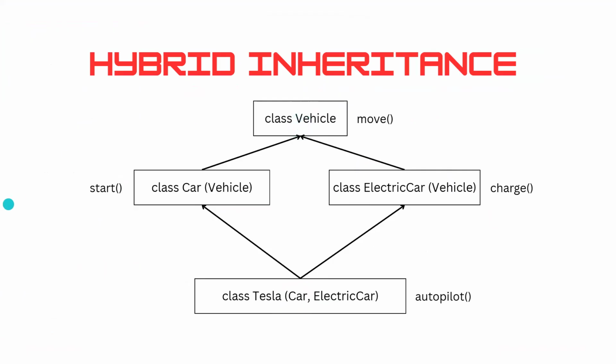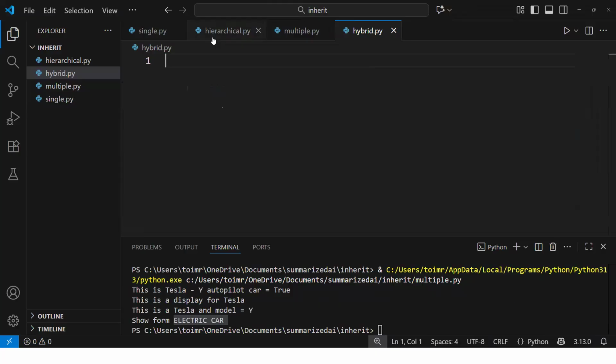Now let's see the implementation of hybrid. Let's go back to our Visual Studio. I have already created a file hybrid.py. Okay, so let's go ahead and start. As you know, we will be defining a class first. Let's declare Vehicle.